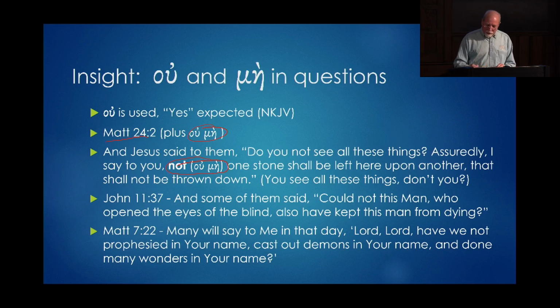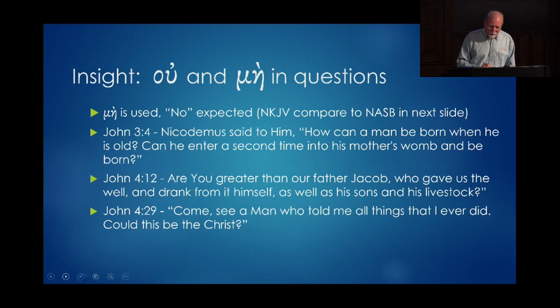They're saying, Lord, Lord, we prophesied in your name, didn't we? We cast out demons in your name, didn't we? And we did wonders in your name, didn't we? They were expecting yes every single time. So this is a part of the insight that you get when you're looking at the text in Greek as opposed to the English translations. You don't always catch the nuance there of what's being expected.